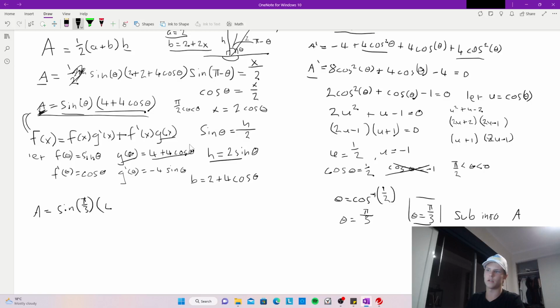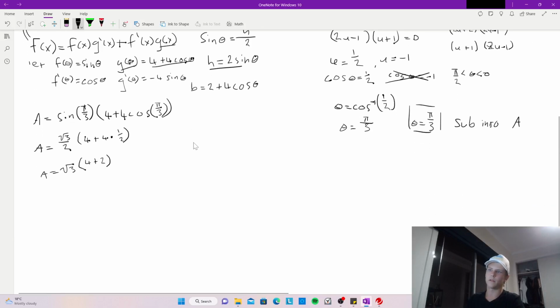You can probably just do this yourself. And then cos pi over 3. Knowing your exact values again, pi over 3 will give us square root 3 over 2. Don't want to get confused here. And then plus 4 times cos pi over 3 is 1 over 2. This will give us square root 3, and then 4 plus 2.